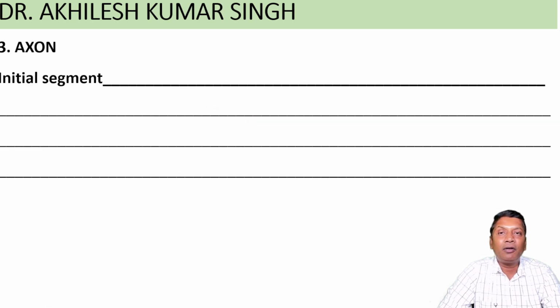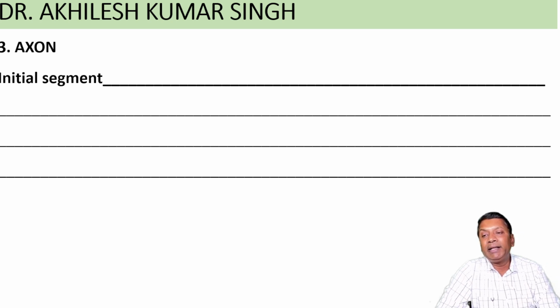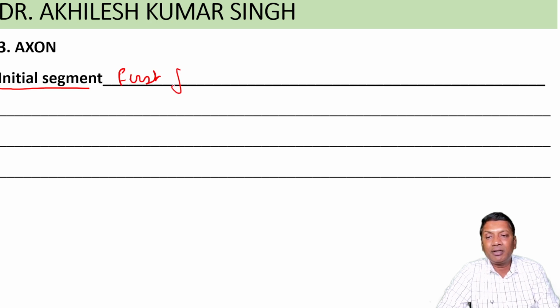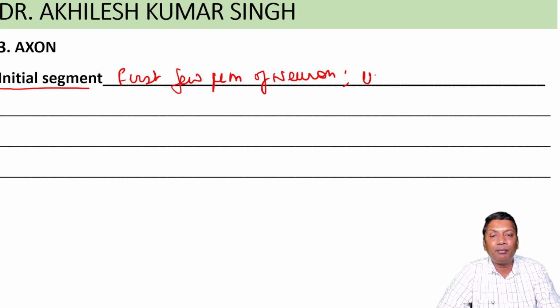The third part of the neuron is the axon. The first few micrometers of the axon is called the initial segment. This part is what? It is the unmyelinated part of the neuron.